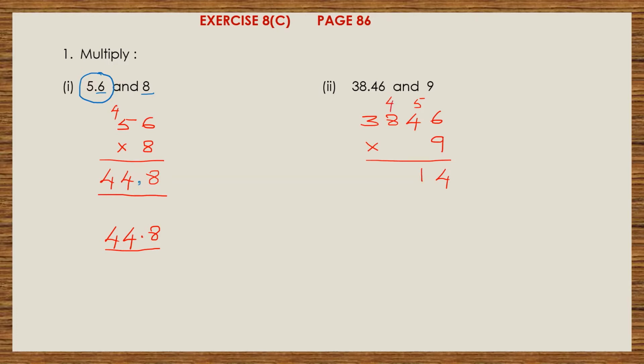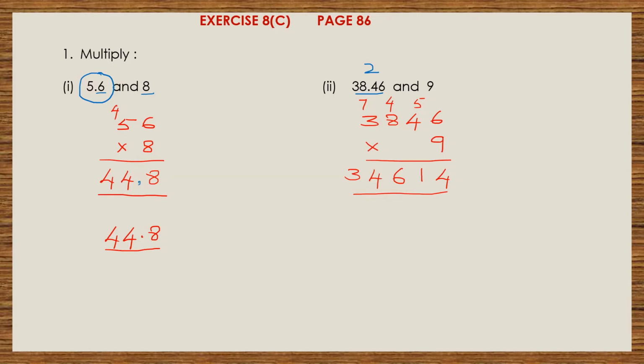Carry 4. 9 eights are 72 plus 4, 76. Carry 7. 9 threes are 27 plus 7, 34. Now go back to the question and see how many decimal places there are. This number has 2 decimal places. That means my answer also should have 2 decimal places.